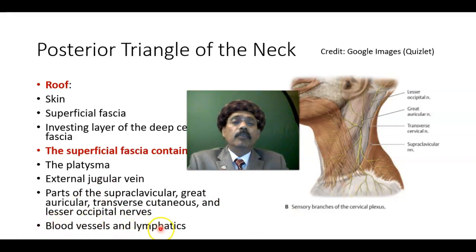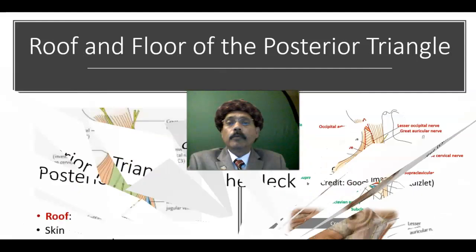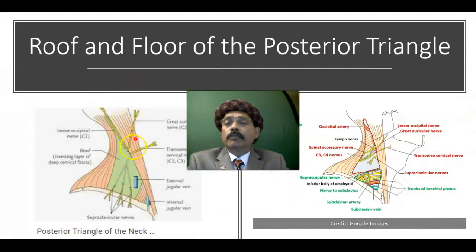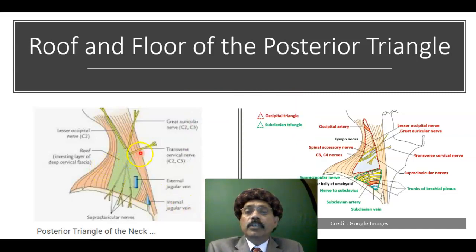We have lymphatics, a superficial group and a deep group. Okay. So if we go to the roof again, the roof is formed by the skin, superficial fascia, and the investing layer of deep cervical fascia. It contains what? The great auricular nerve, root value C2, C3; the transverse cervical nerve, root value C2, C3; the lesser occipital nerve, root value C2; and the external jugular vein.